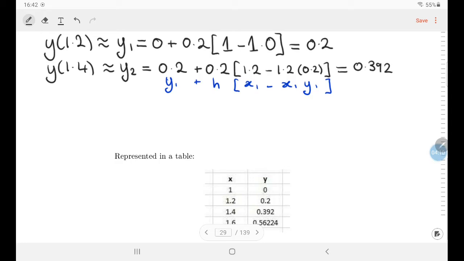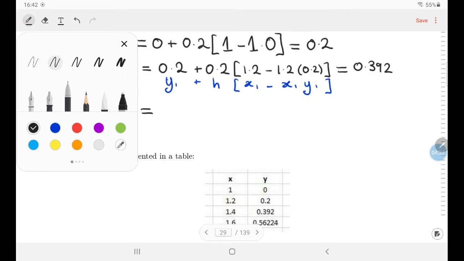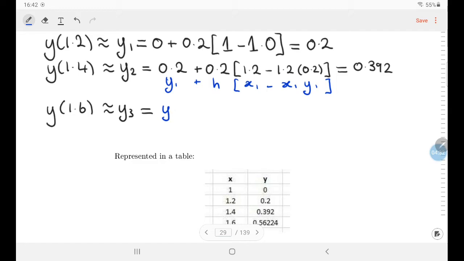And so now we're at what's going on at 1.4, and the question was to find out what's going on at 1.6. So we do one more. The y value at 1.6 is approximated by y3. This time I'll do the blue formula first. It's the previous y value plus the step size times the previous slope, and the previous slope is x minus xy, so x2 minus x2 y2.